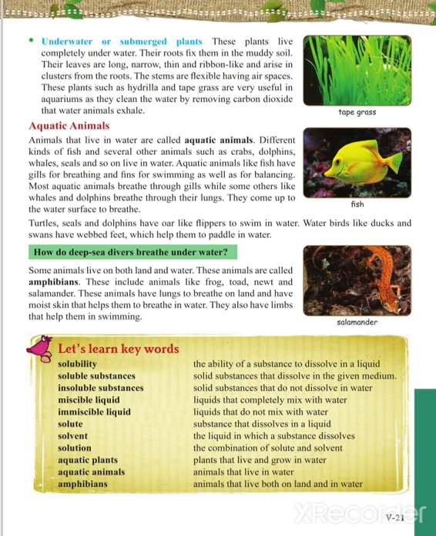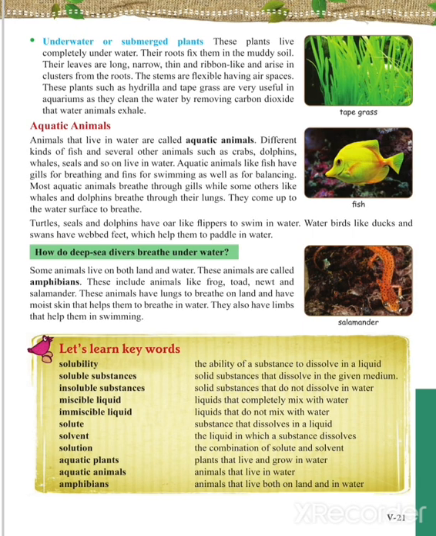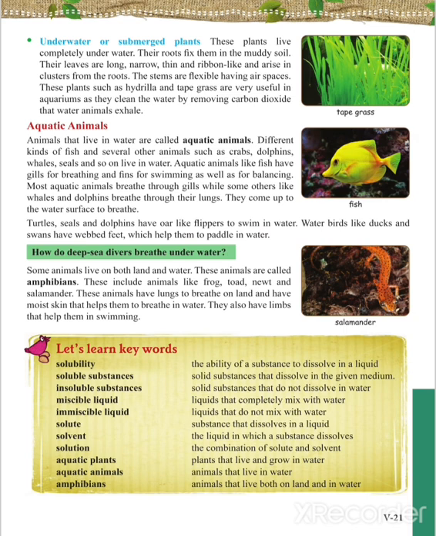They also have limbs that help them to swim in the water. Amphibians can stay both on land and in the water. When they are on the land, they breathe through their lungs, and when they are in the water, they breathe through their skin.